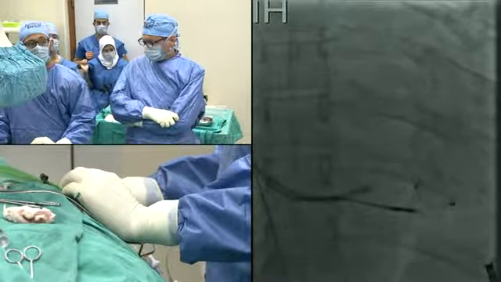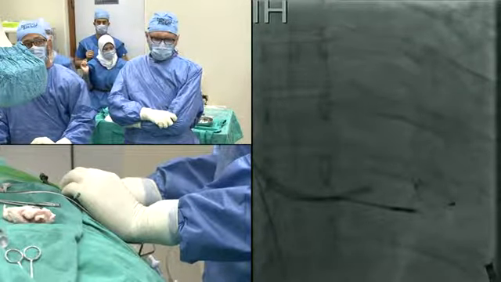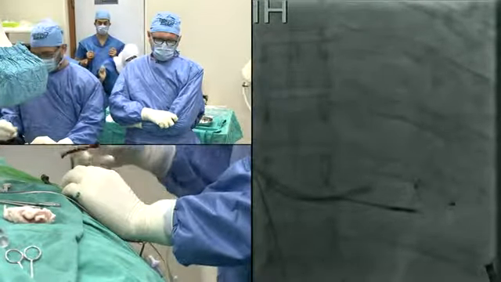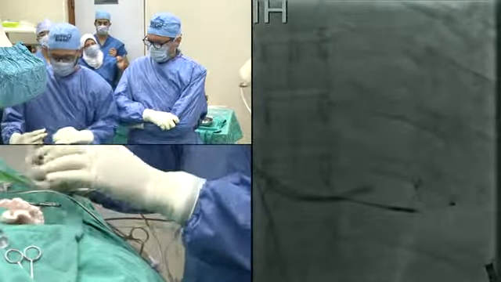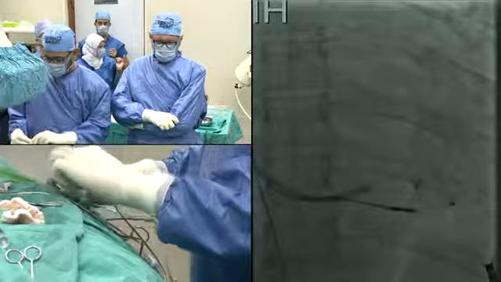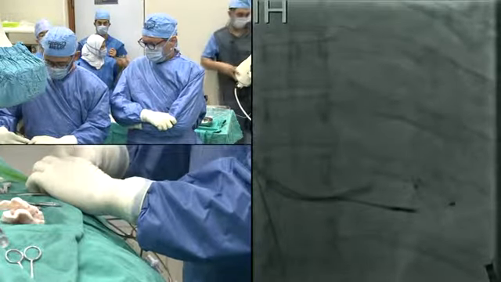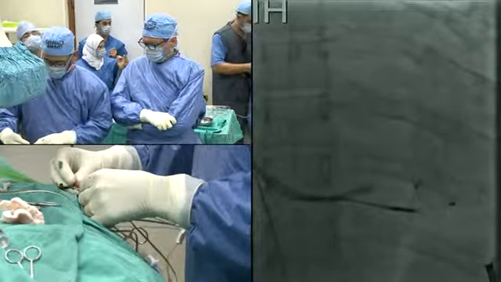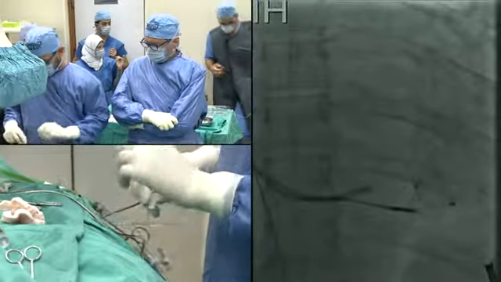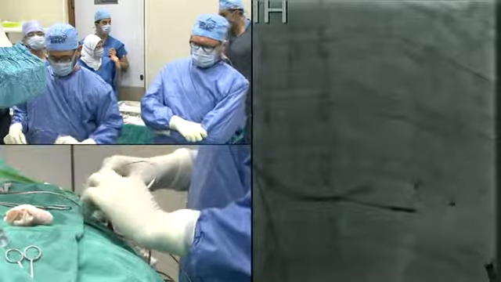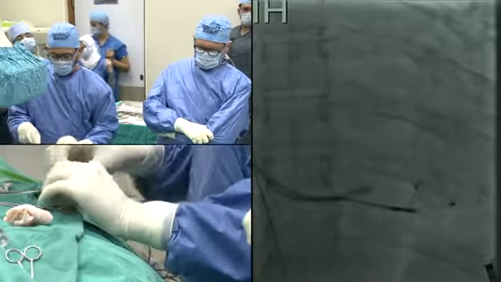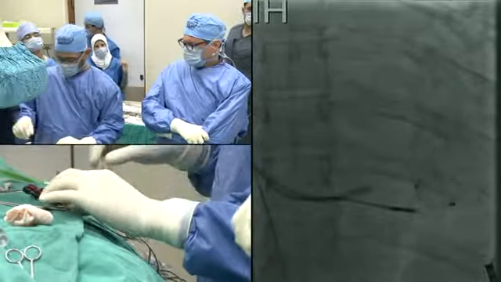Yes, I am measuring the LV lead. Sensing is okay, but the pacing threshold is a little bit high. I will try to retract the lead a little bit. It is a double curved, S-shaped lead.